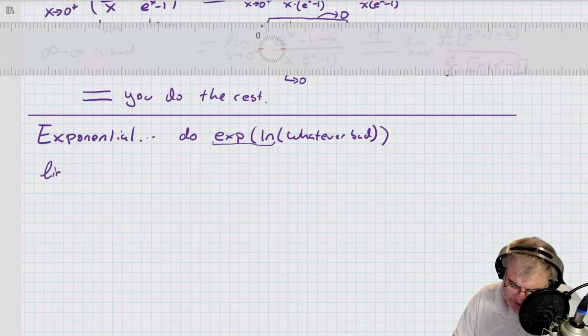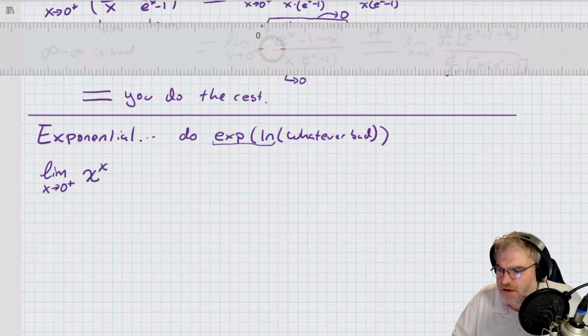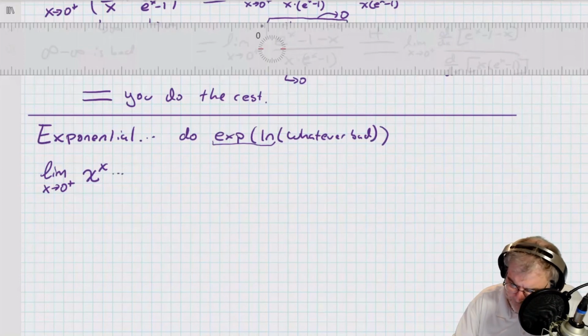Do the limit as x goes to 0 from the right of x to the x. Now, look at what's happening here. What is 0 as a base? What is 0 to any power? Okay. Here's the problem. Zero to any power is 0.